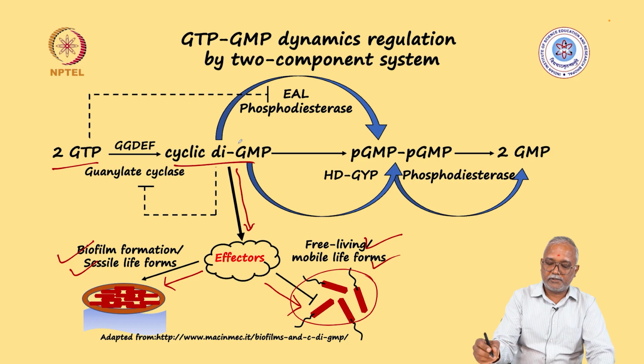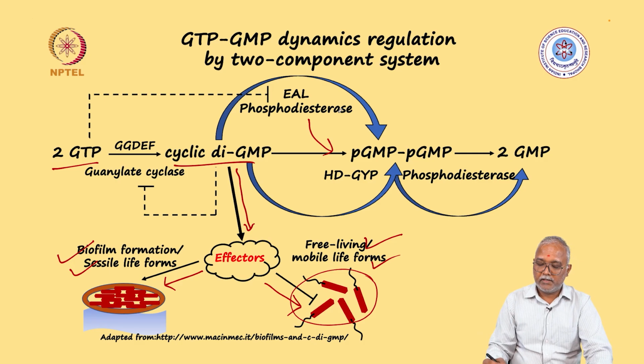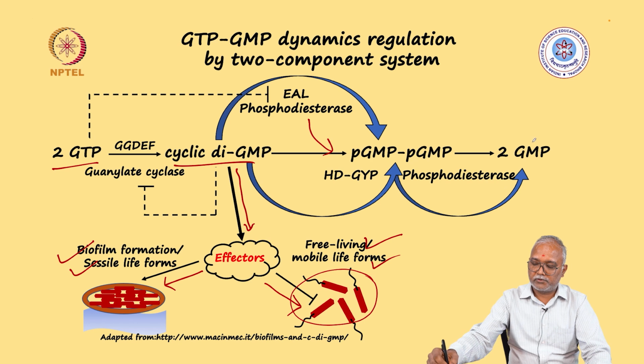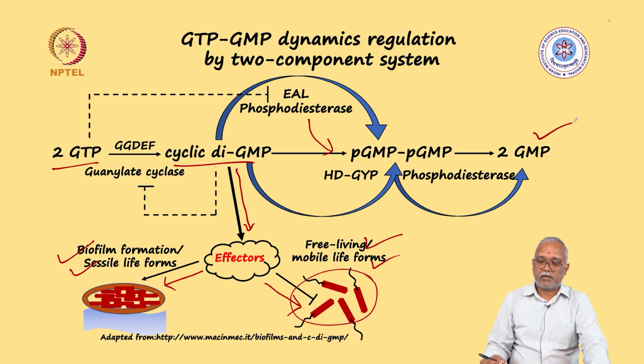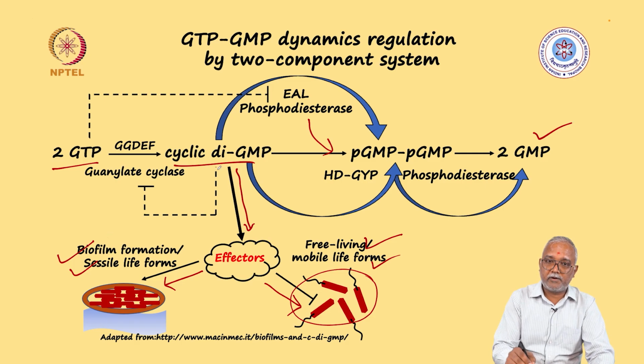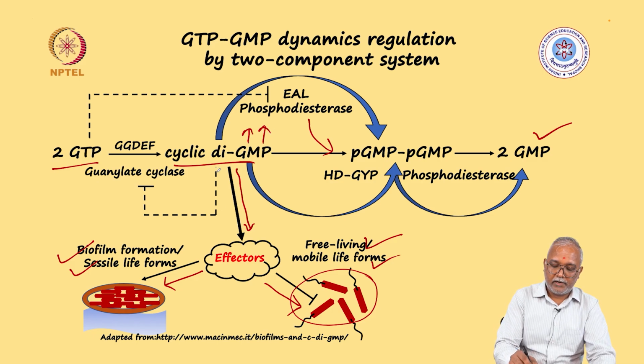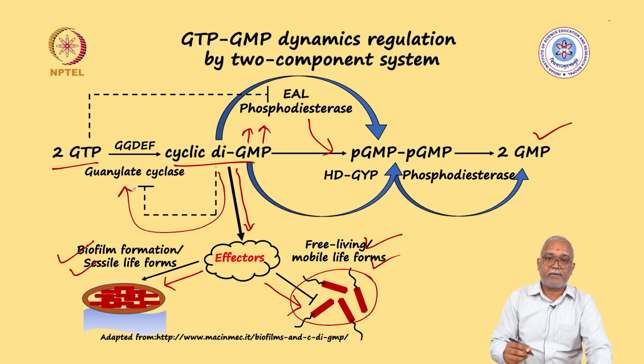Cyclic di-GMP is produced, it will be broken down into linear di-GMP by EAL phosphodiesterase. Then this linear di-GMP will be used by the HD-GYP phosphodiesterase to generate two linear GMP molecules. What you notice here is that there is inhibition or feedback control on that. High levels of cyclic di-GMP will inhibit the enzyme which was helping in the formation.